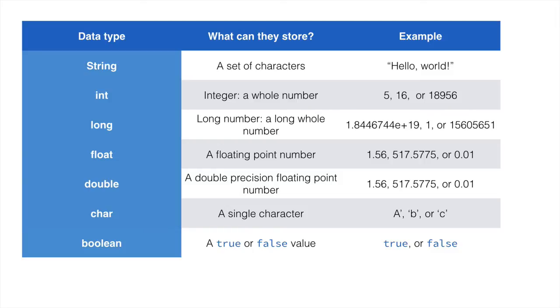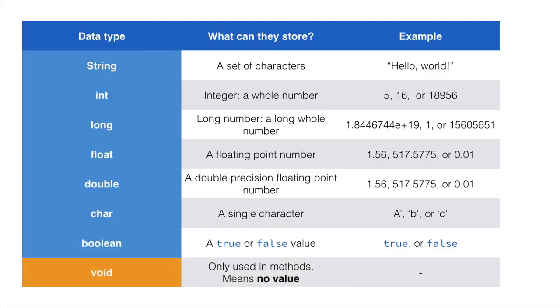And finally, we have one last type that we've seen in the video, and you might have wondered what it was, and that is void. Void is not a variable data type. It is only used in methods, and it means nothing. We will come in to see what this means when we talk about methods returning values. You don't have to worry about this for now, but just know that void means no value.